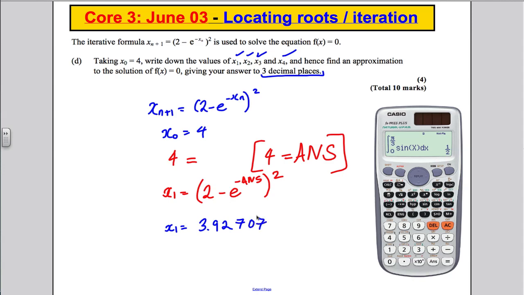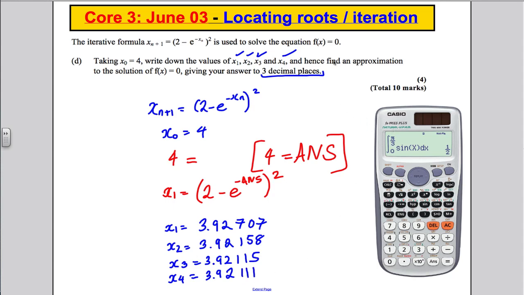3.92707. Then, by pressing equals again, you would get x2 is equal to 3.92158. Pressing equals again, x3, you would get 3.92115. And pressing again, x4, you would get 3.92111.